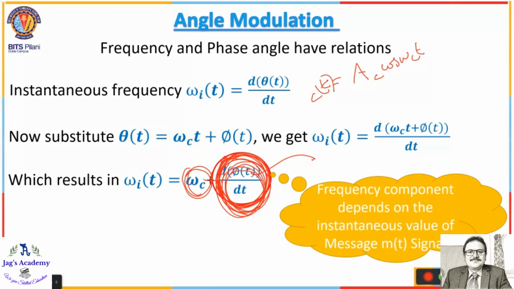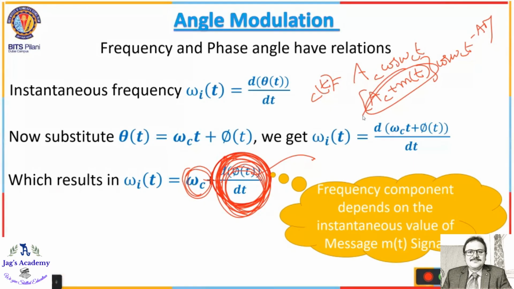What did you do for AM wave? Exactly, you're right. You made AC plus m of t cos of omega ct. This is for AM. You have exploited the amplitude of a carrier to send a signal.